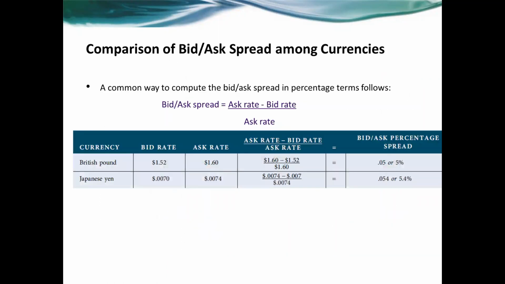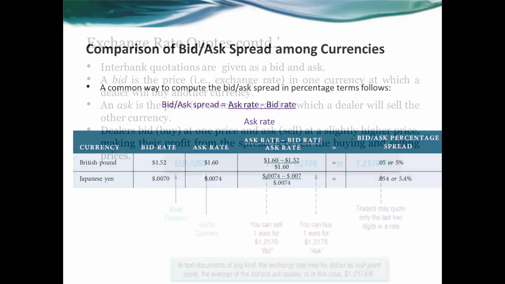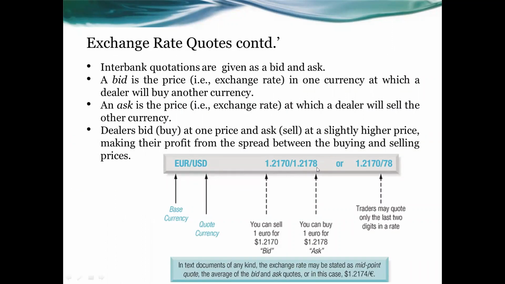Then look at the other main component, how to calculate this spread. Previously I told you that if you have a significant difference between these bid and ask rates, we can make profit. That means we can buy foreign currency at a lower price and sell it at a higher price.